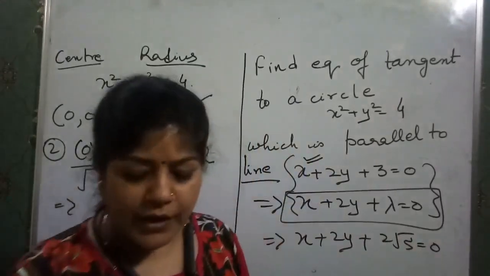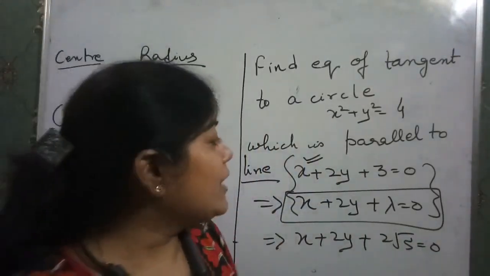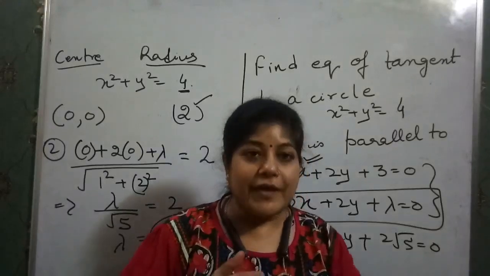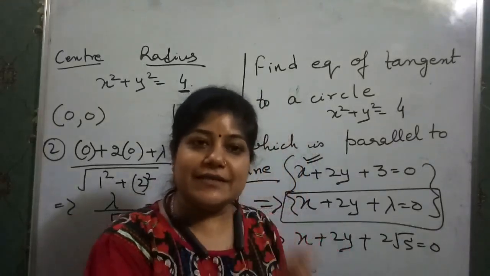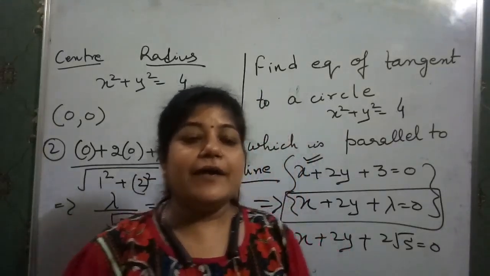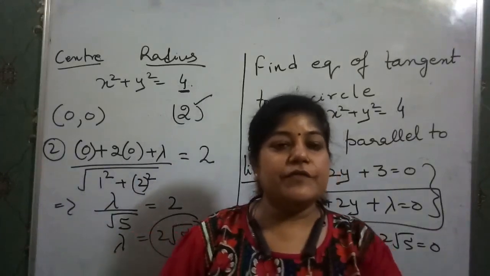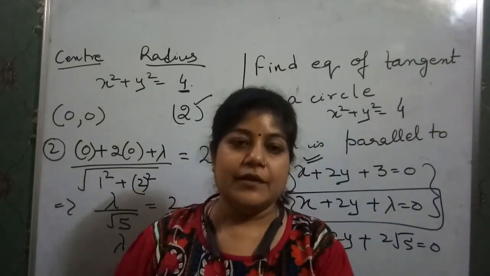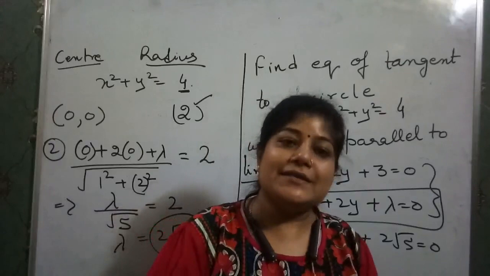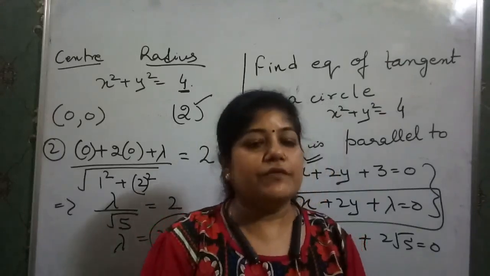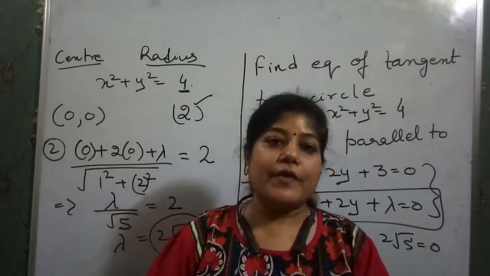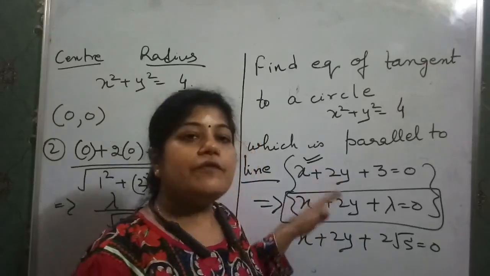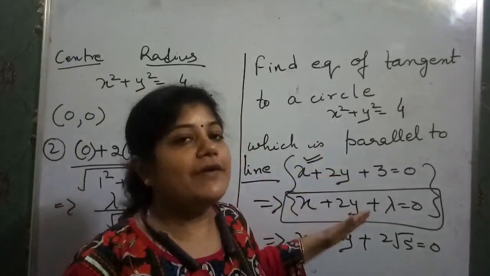I am going to explain again. When there is a question where the equation of a circle is given and we have to find the equation of a tangent which is parallel to another line, find the radius and center from the equation of the circle, and also write the equation of the line parallel to the given line by taking lambda.